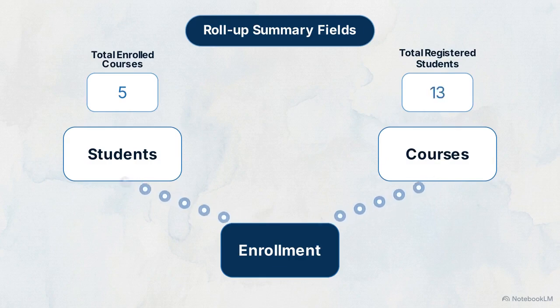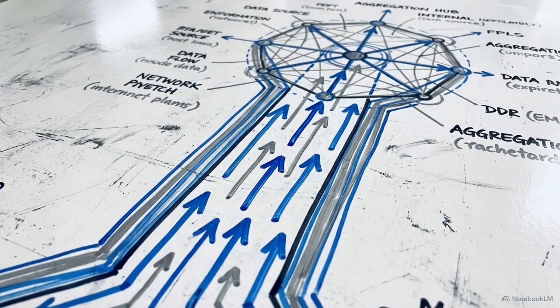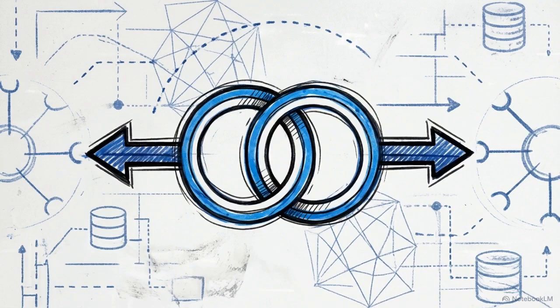Simultaneously, data flows upwards in the opposite direction, updating the total registered students counter on the parent course node. The rigid architectural constraints of the Junction object provide the specific data lineage required for the system's most capable native aggregation tool. Database architects define this achieved state as bidirectional aggregation.